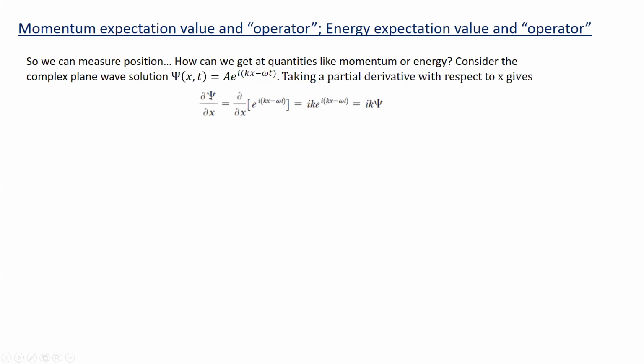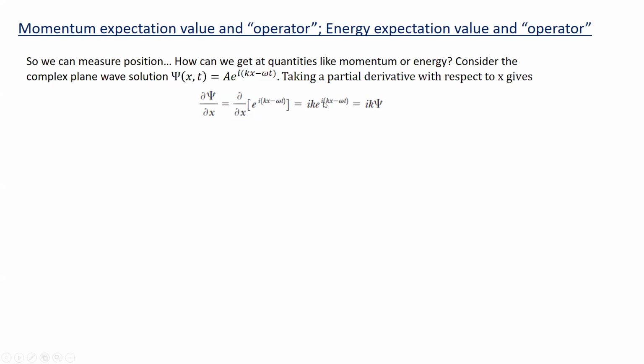So the partial derivative of psi with respect to x is the partial derivative with respect to x of, let's see, it looks like we're missing an A here. But in any case, that would be equal to just ik, since we ignore the t part, since the partial is with respect to x, ik times e to the i(kx minus omega t).